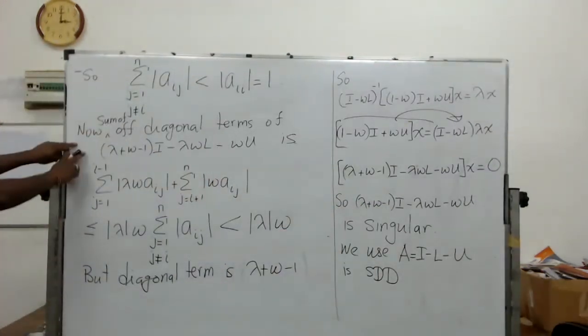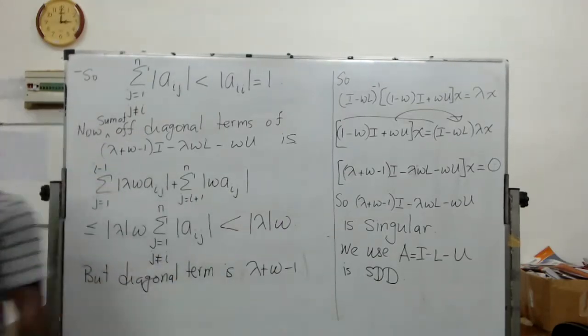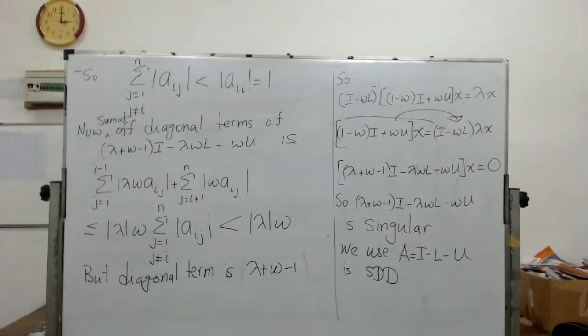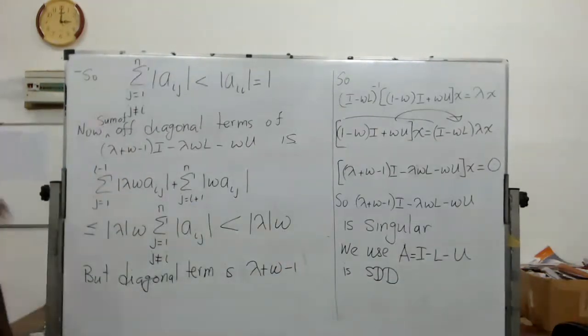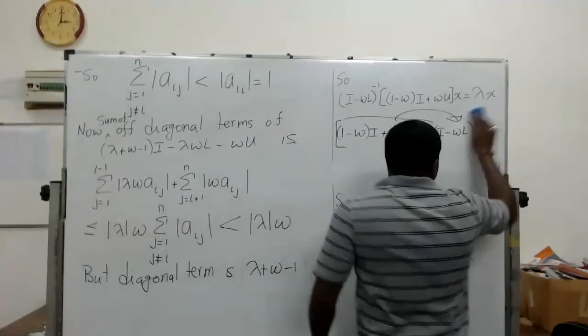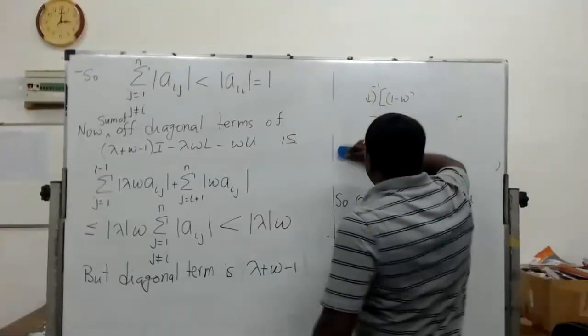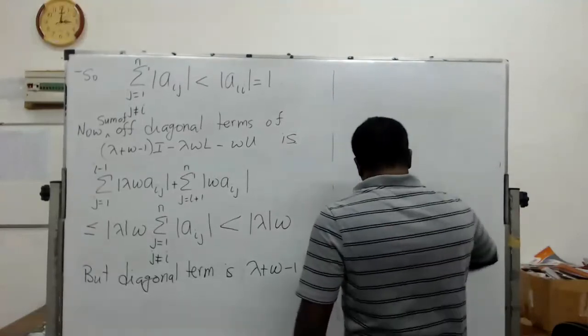Sum of off diagonal terms are less than this, right? So now if we show that this one is larger than this, then clearly we can show that the matrix is strictly diagonally dominant, right? So that is what we are trying to show now. This is just a simple mechanical mathematical work, so I am going to leave that as an exercise for you.